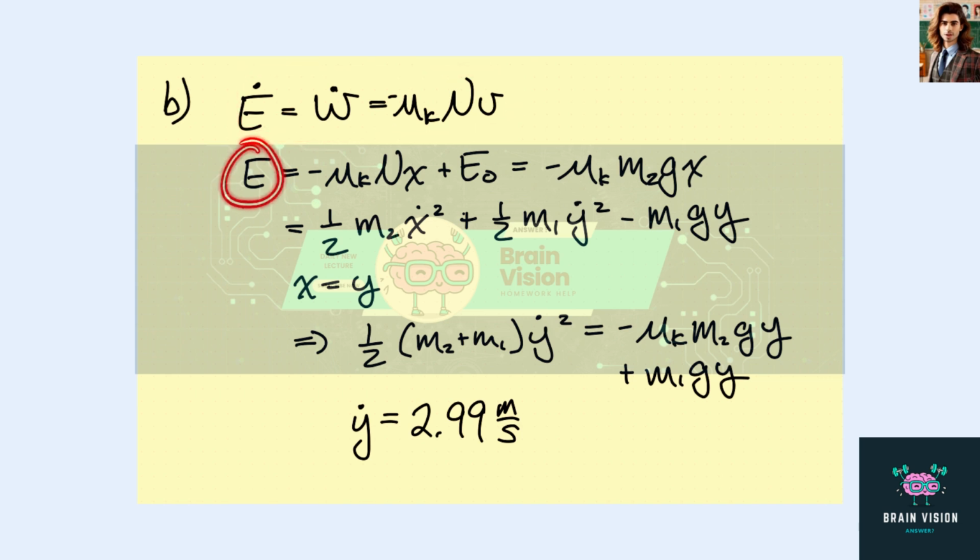And so we get E equals, and since this is constant in time, then V just becomes X, which is the distance the box has traveled, plus some constant of integration.